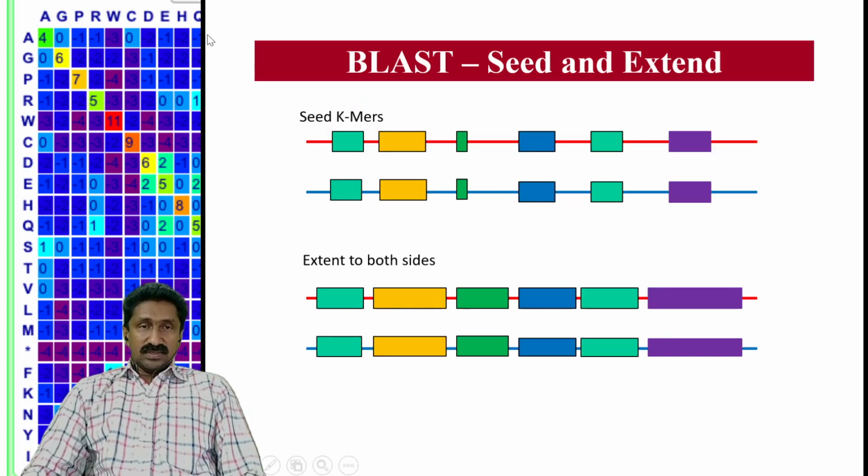So here we have the seeding with the words, and extension means the words will be extended on both sides, and finally the Smith-Waterman algorithm is used for aligning this region by inserting gaps, and finally these regions will be joined together and you will have an extended longer segment.